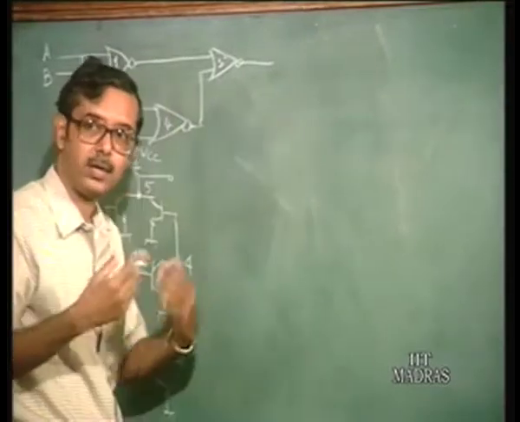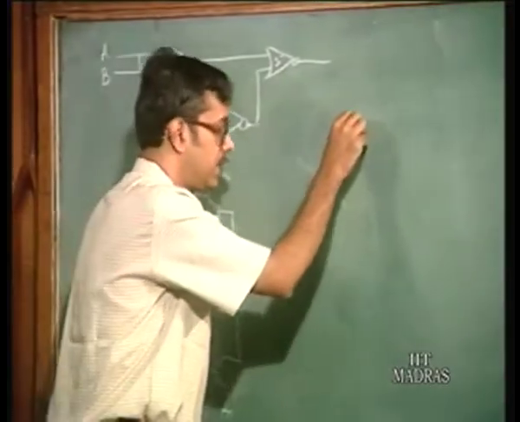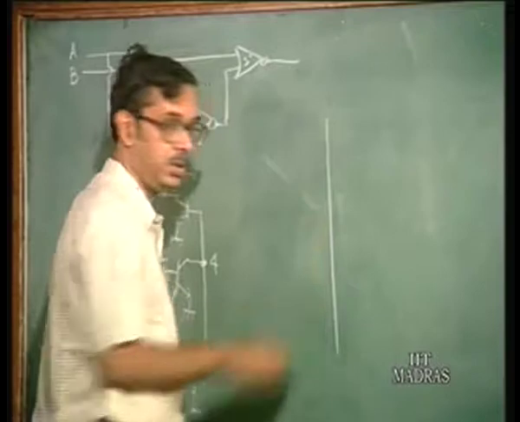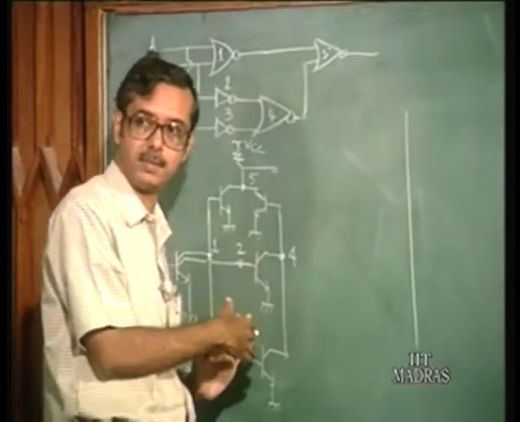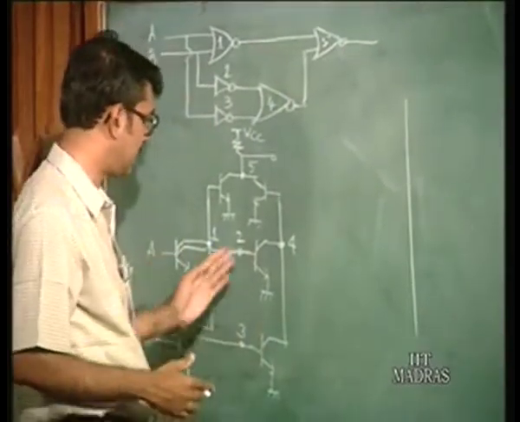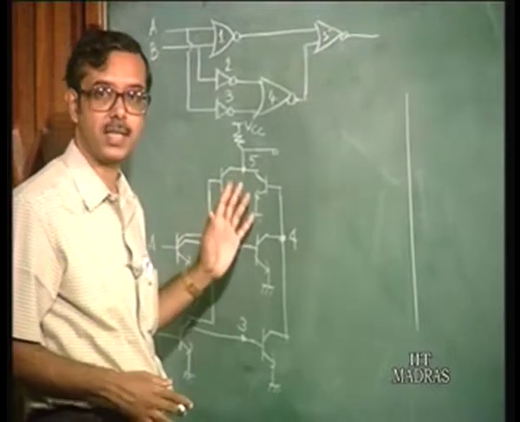If you recall the layout of an I squared L cell, it is basically the same thing, but now you have so many different cells. You have 6 transistors, so you will have 6 cells.